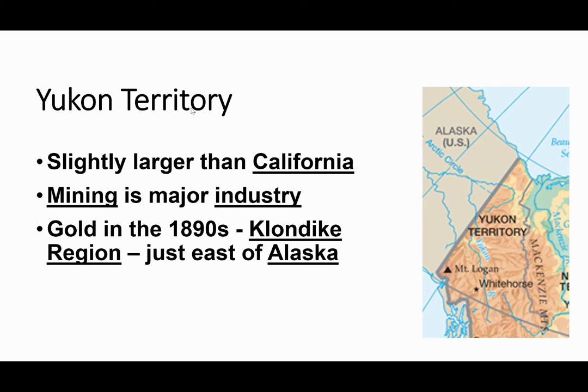You may recall that back in the 1890s, you may have read about the Klondike region and how there was a gold rush into this area. This is an area in the Yukon just east of Alaska. A lot of people went up to the Klondike area in the 1890s to search for gold.